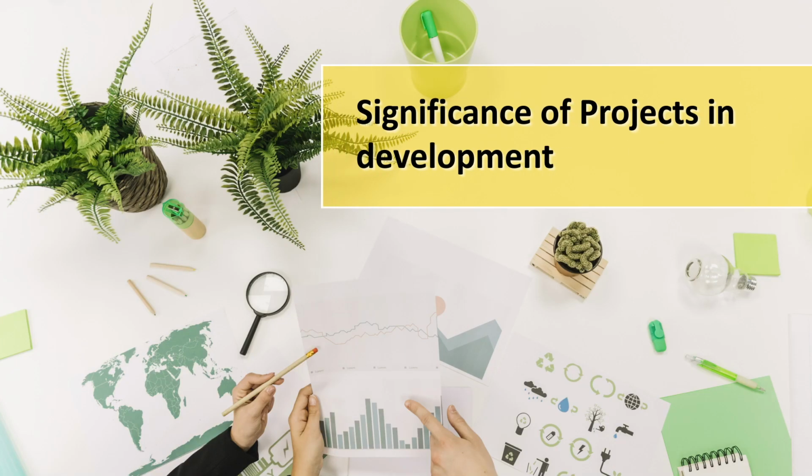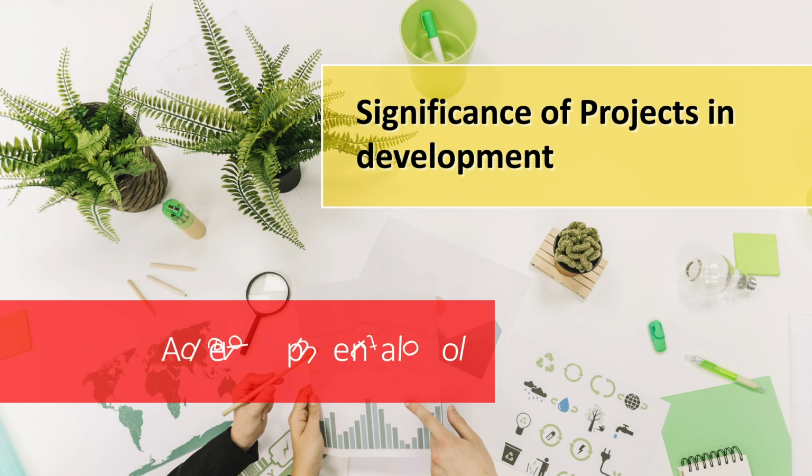When we talk about the significance of projects in development, there are 3-4 major functions. One is that they are development tools. They provide the basic information, the basic foundation for development activity in a country.